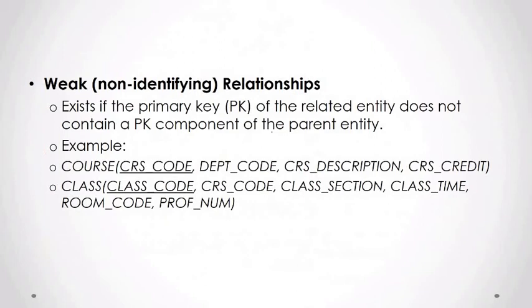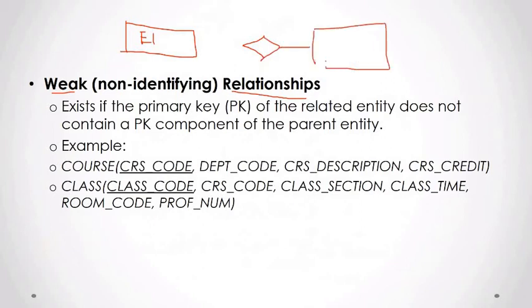Okay, there is what we call a weak relationship. Okay, remember, you have entity 1, and then you have this relationship. So entity 1 is related to entity 2 based on this.